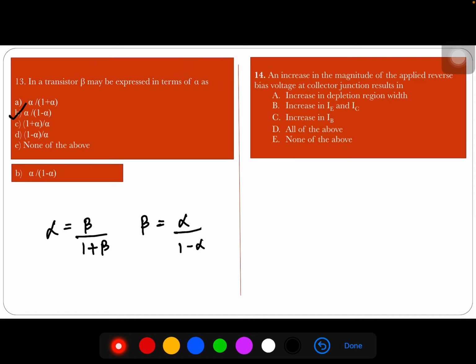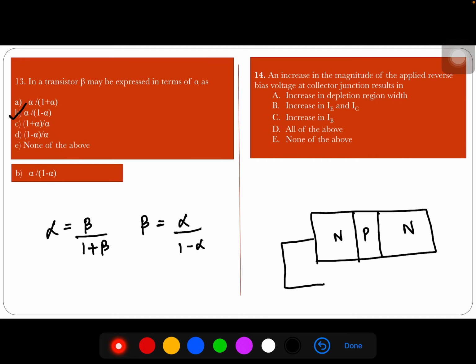Next question. An increase in the magnitude of the applied reverse bias voltage at collector base junction results in, let me show you. I am taking the reference of NPN transistor and I will bias it in active region. For active region, this is emitter base junction, and this is collector base junction.